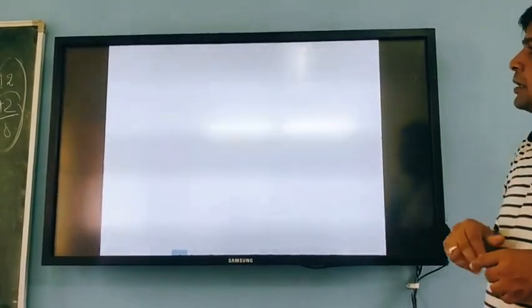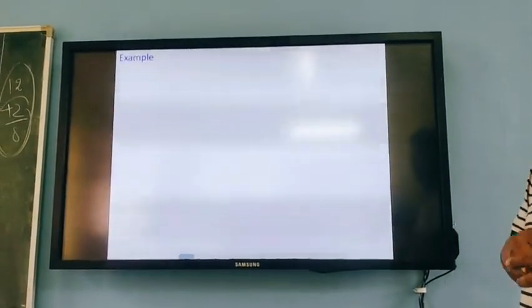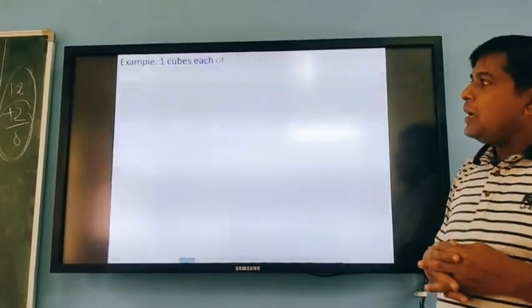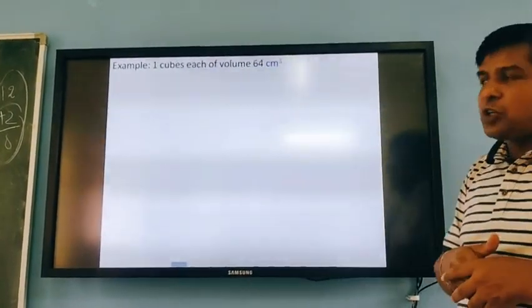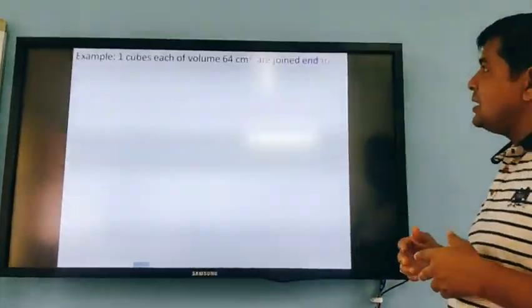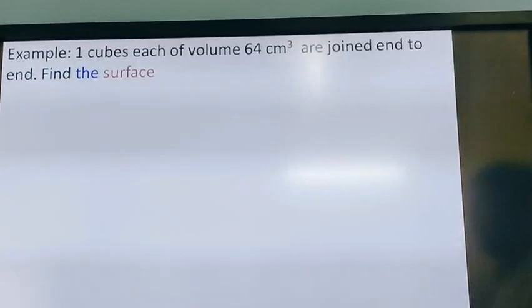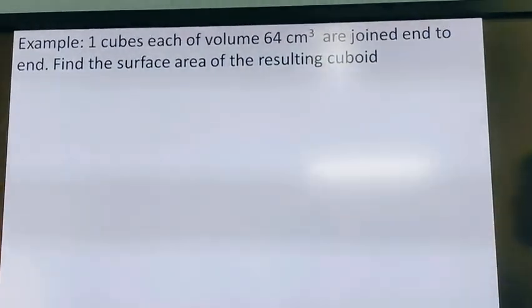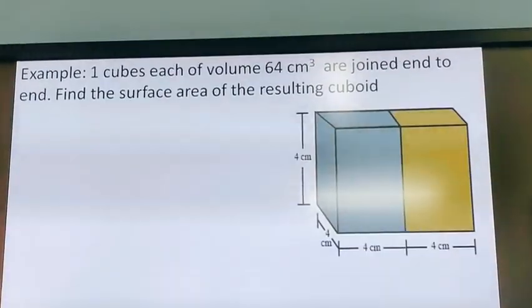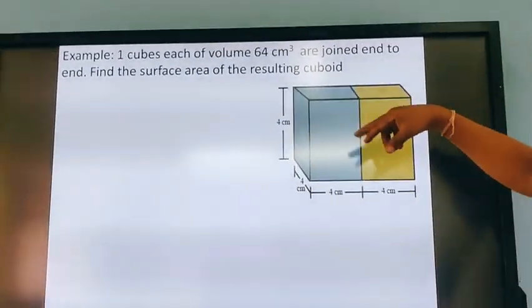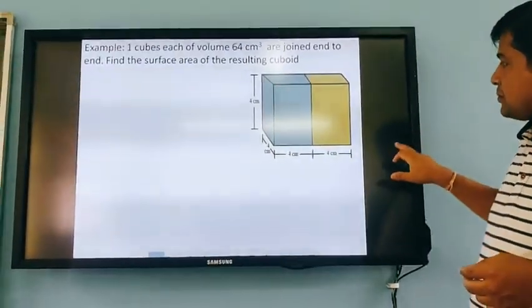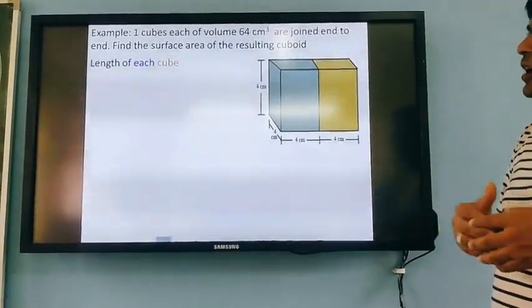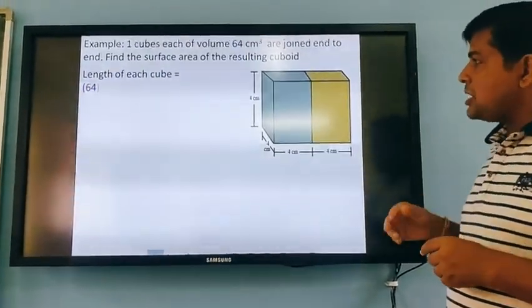Now let us see the example. Cubes each of volume 64 cubic centimeter are joined into a row. Find the surface area of the resulting cuboid. When we combine these cubes, they look like this. The volume of each cube is given, that is 64.